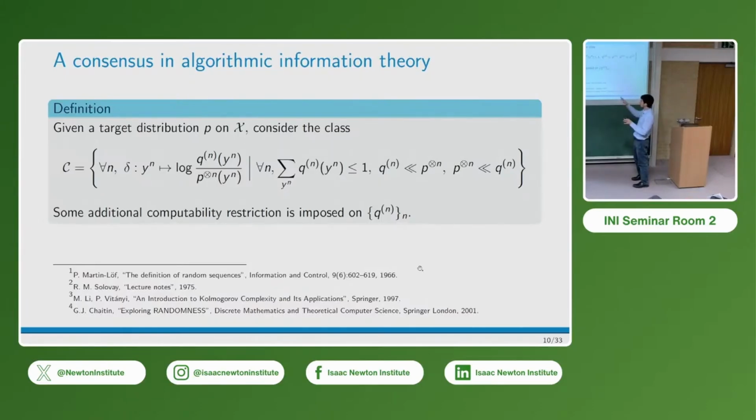To clarify what this set is, it's a set of scoring functions. You take something you want to test, say an image, and map it to a real number, a score. It's a log-likelihood ratio where in the denominator you have your target distribution.